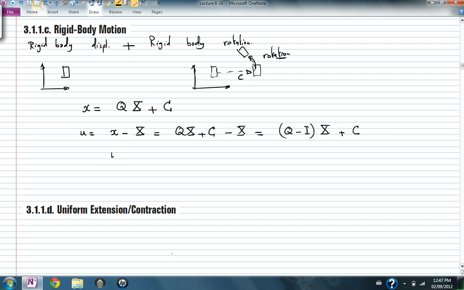Where, of course, Q is a rotation matrix, Q is a 3 by 3 matrix, and c is a constant displacement vector.